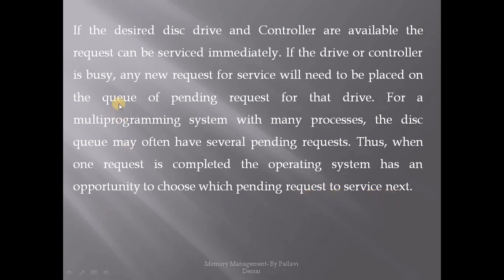So from a given queue, the operating system has to select one request. So for selecting that one request from a queue, it may follow different policies of disk scheduling or disk scheduling algorithms, which we are going to see in our next lectures.